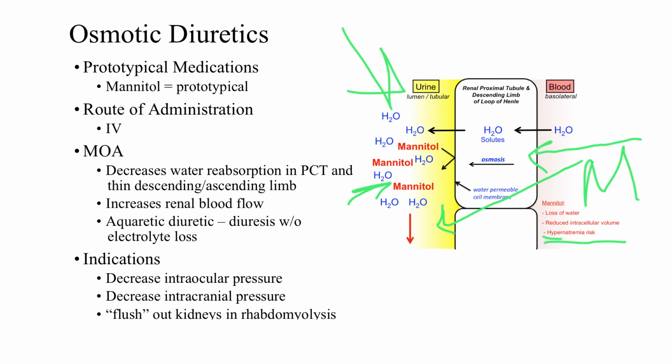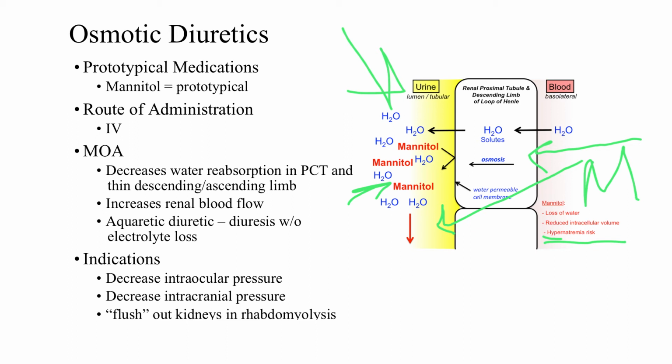And this can not only be used for our prototypical hypertension and edema, this can also lessen any kind of pressure pathology that is indicated by too much fluid being present. So it can decrease intraocular pressure. It can decrease intracranial pressure because it causes so much increased activity and then water loss through a rush of water moving through the tubule.